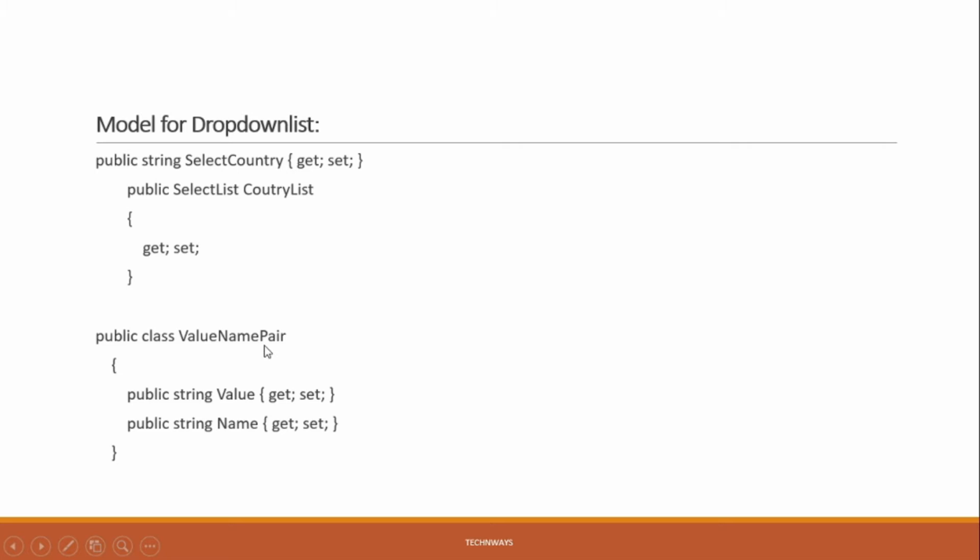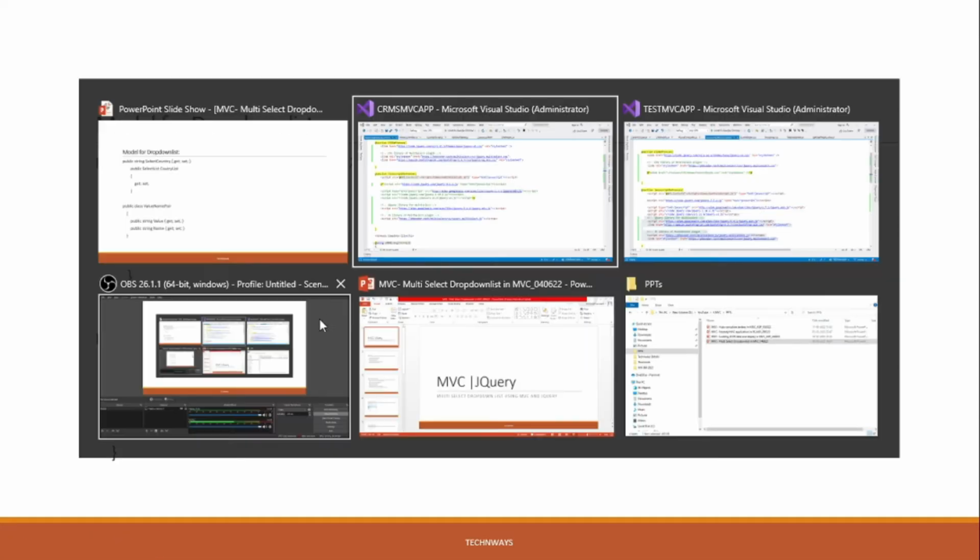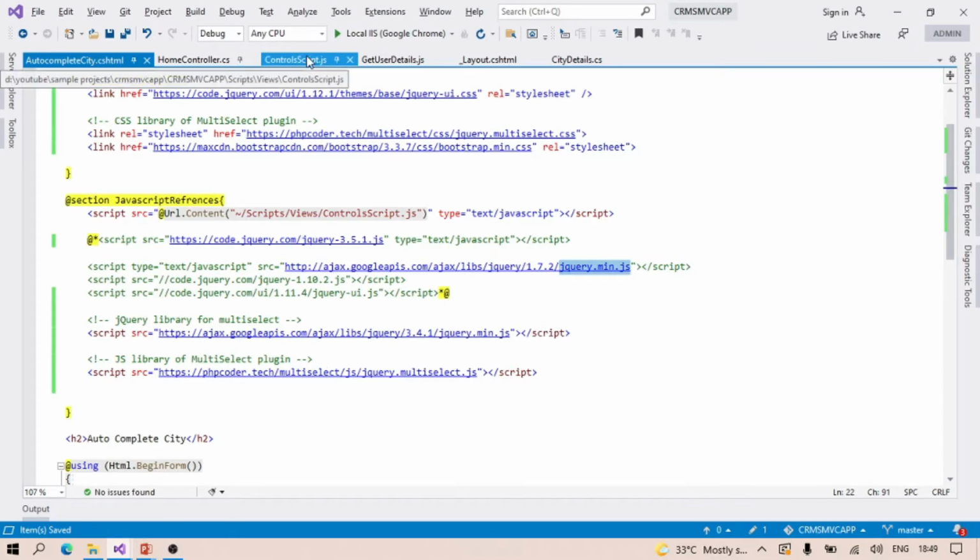Each list option will contain two values: one is the value for the country and one is the name of the country. So it's a kind of text value pair. We are displaying the values in the drop down as a text value pair, so let's create a model for that.